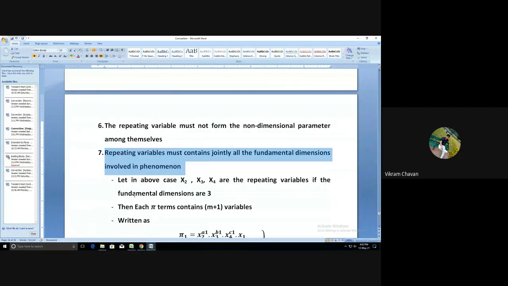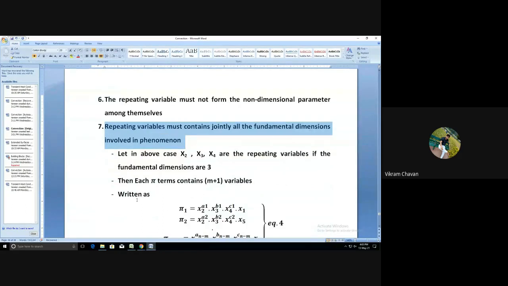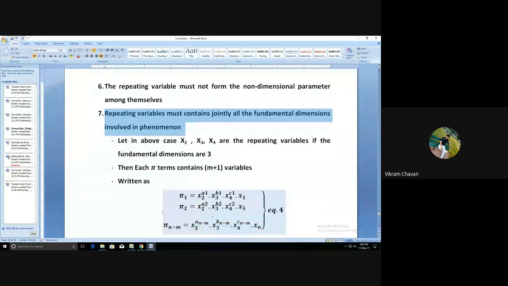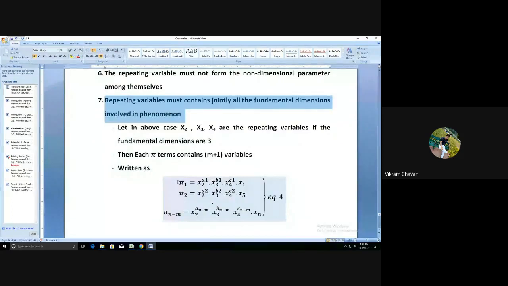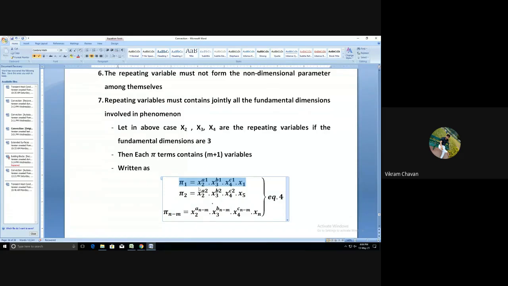Then we have to consider that each pi term should contain m plus 1 variables. So we can write the pi terms; let us consider pi1. x2, x3, x4 are the repeating variables, so we will get those variables in each and every pi term. So we can write pi1 as x2 raised to a1 multiplied by x3 raised to b1 multiplied by x4 raised to c1 multiplied by x1.